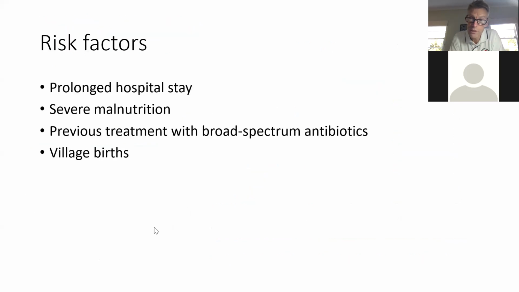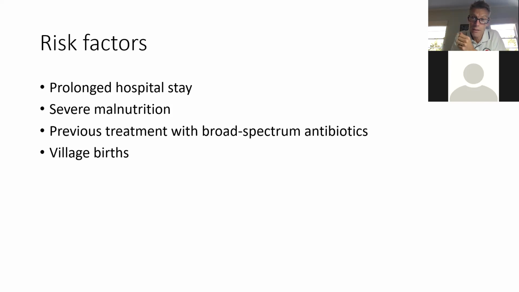When we looked at risk factors for antibiotic resistance, it's quite common across the world. Prolonged hospital stay and previous exposure to broad spectrum antibiotics, and long and repeated exposure to broad spectrum antibiotics, are the two key risk factors: long hospital stay and exposure to broad spectrum antibiotics.